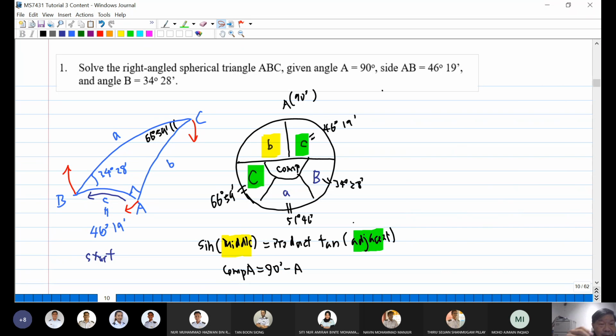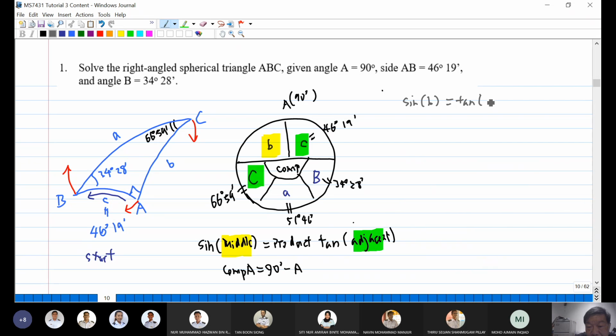So I have sine of side B here, the yellow part, equal to tangent of the adjacent parts.